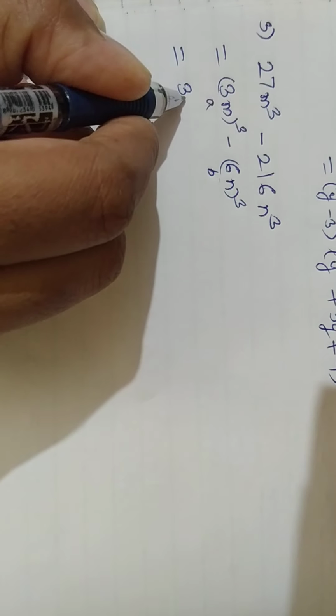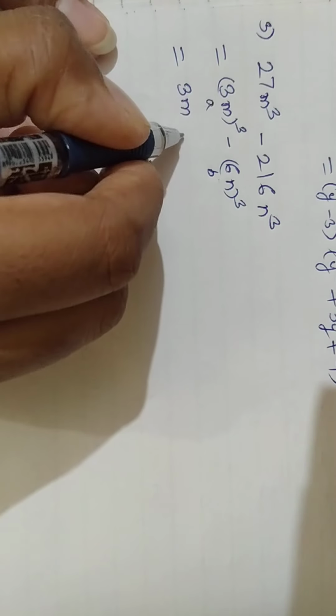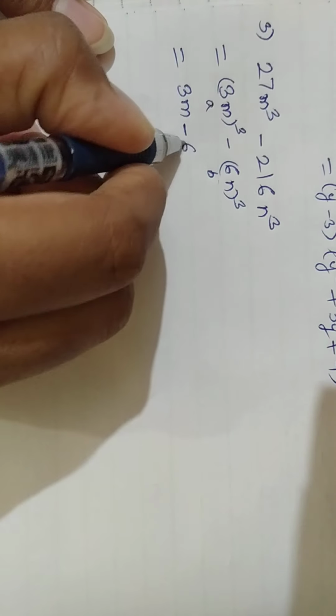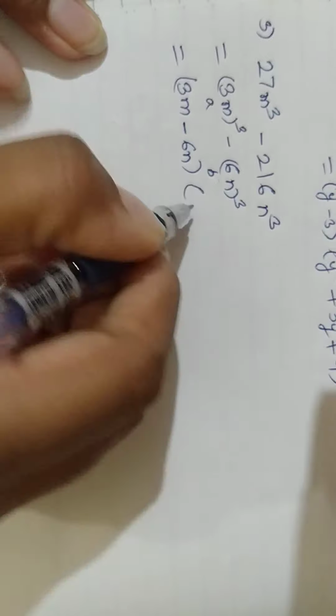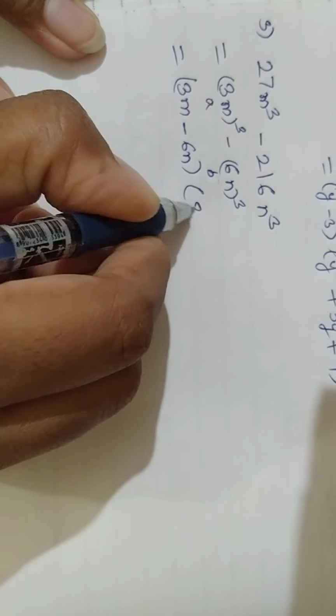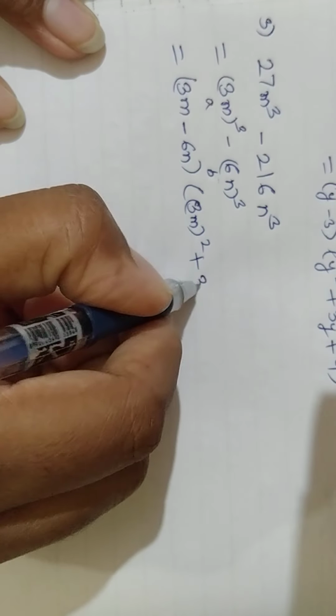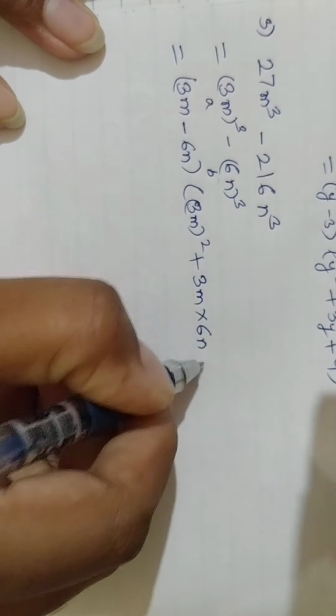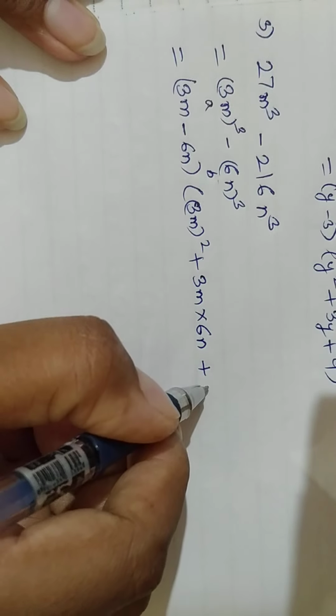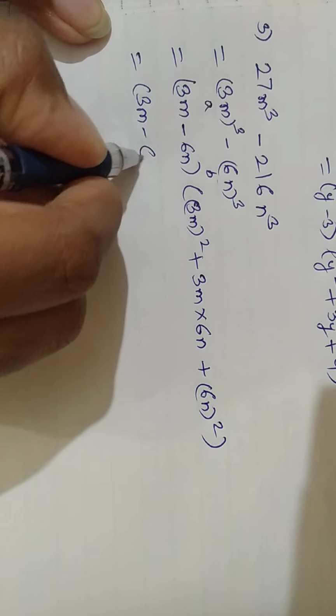First bracket 3m minus 6n. Second bracket a square, that means 3m square, plus ab, that means 3m into 6n, plus b square, that means 6n square. First bracket as it is.